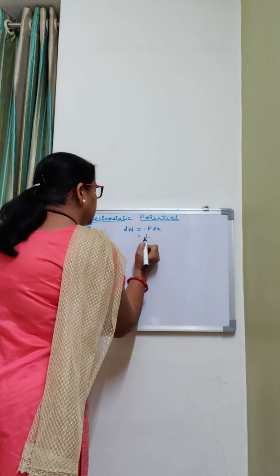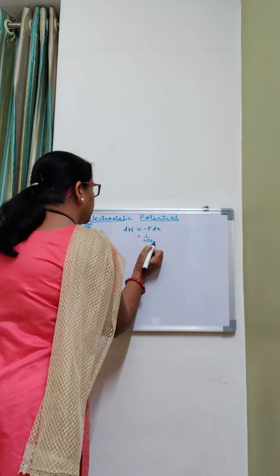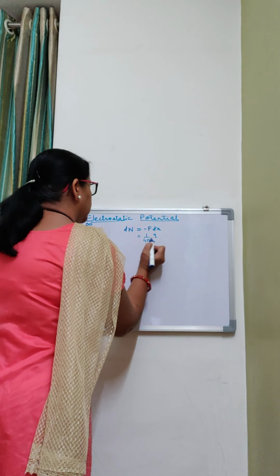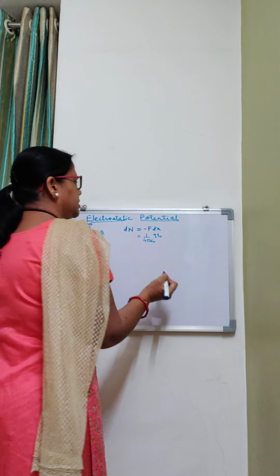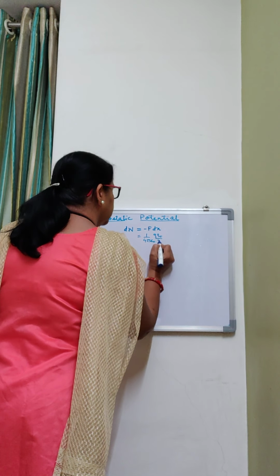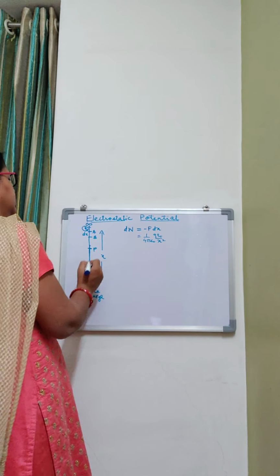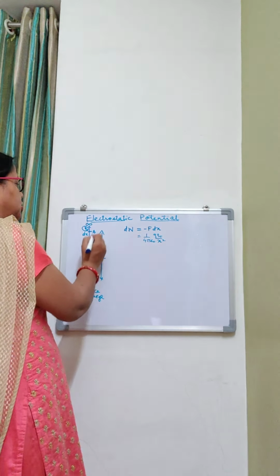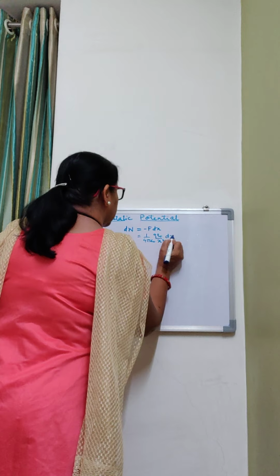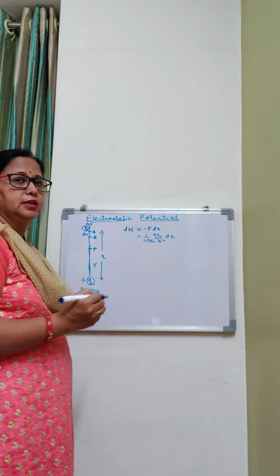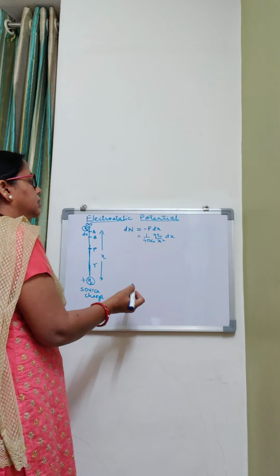So 1 upon 4 pi epsilon naught Q, that is the source charge, into Q naught, that is the test charge, upon x square. x is the distance from the source charge to the point A, into dx. This is the small work done in moving from A to B.